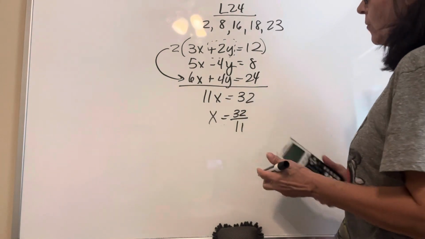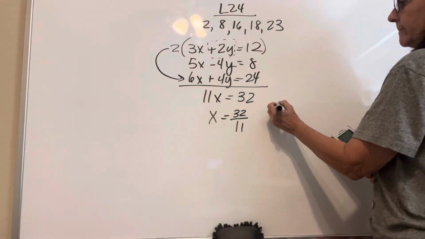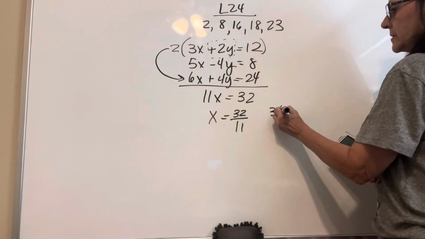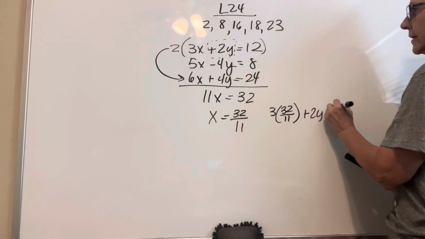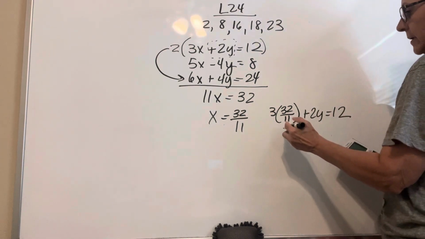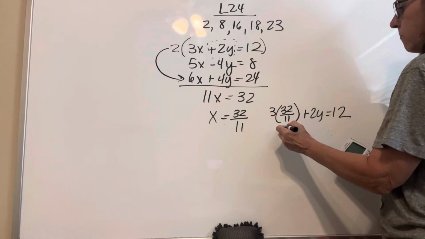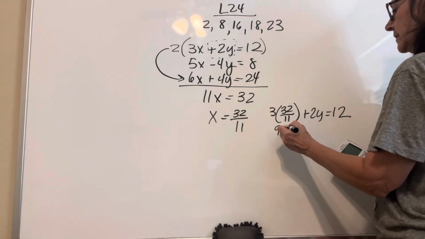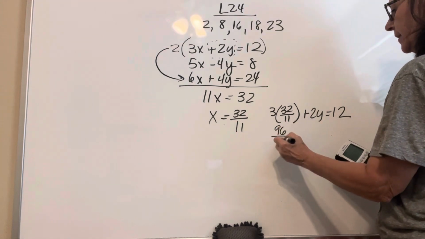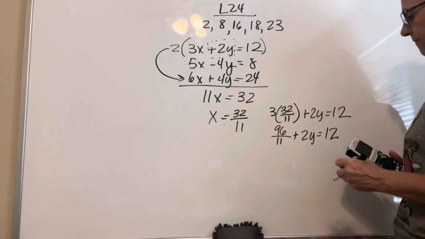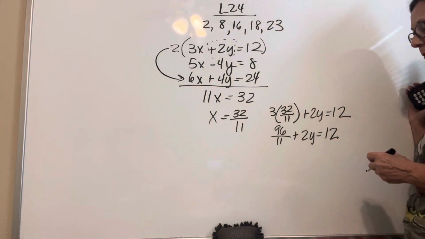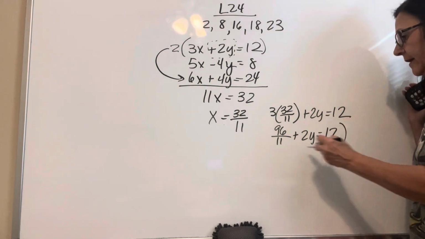So now we have to solve for y. I'm going to go back into the first equation. 3 times 32 elevenths plus 2y equals 12. This is 96 elevenths plus 2y equals 12. I'm going to eliminate the denominator by multiplying every term by 11.